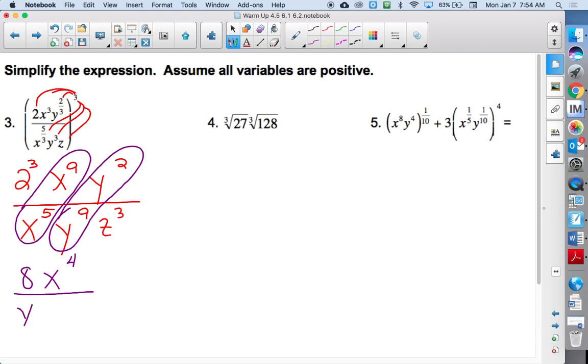Y to the 7, not 2. And then finally, the z cubed. So wherever the larger power is where your variable should remain. There is no z to combine with anything in the numerator. So 8x to the 4th, y to the 7th, z cubed.